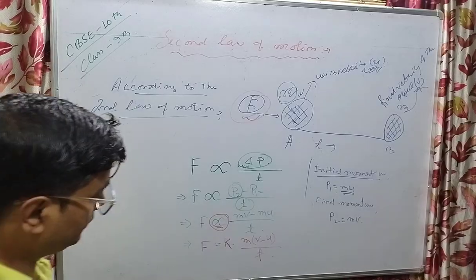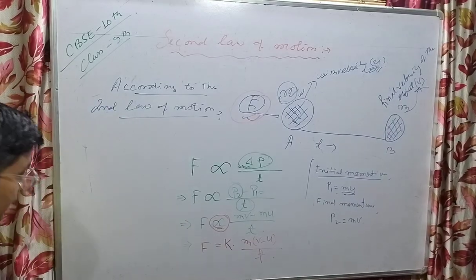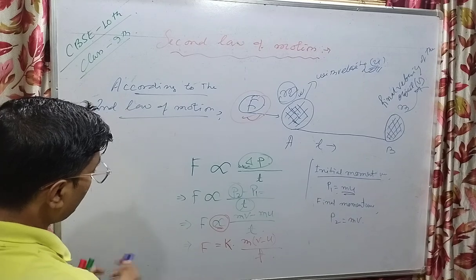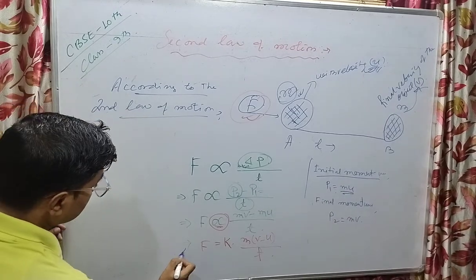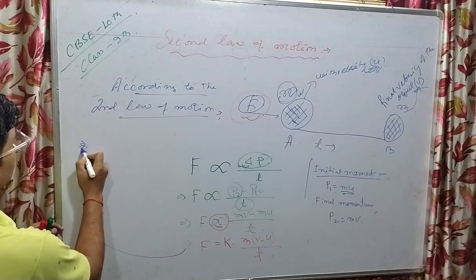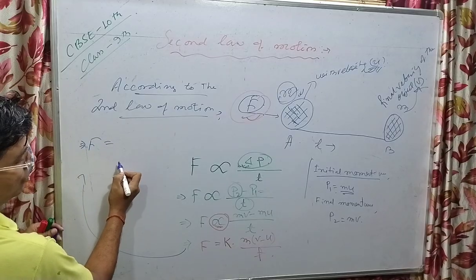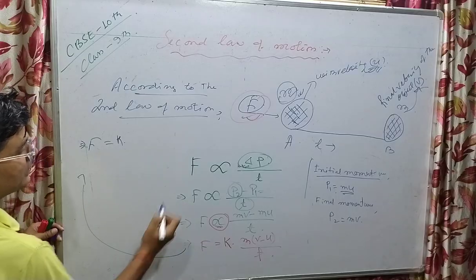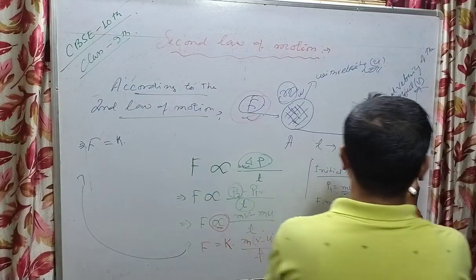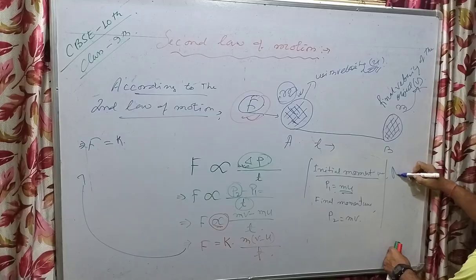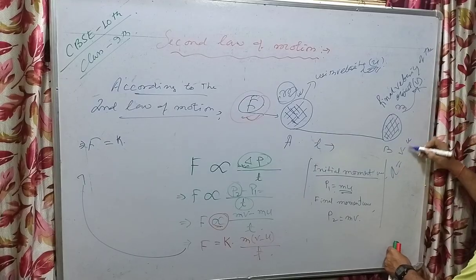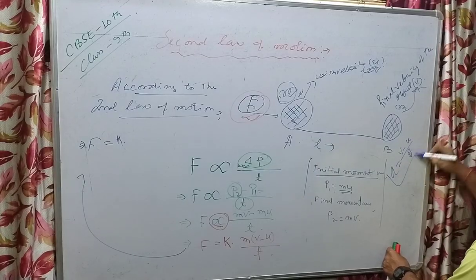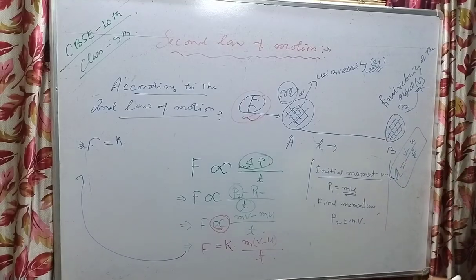From here, students, you can write F is equal to k into m into v minus u by t. Again, a is equal to v minus u by t. This is the acceleration of the object.